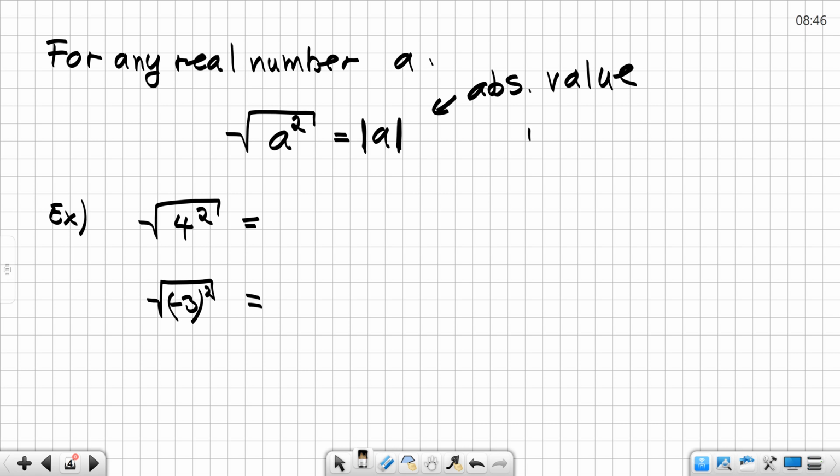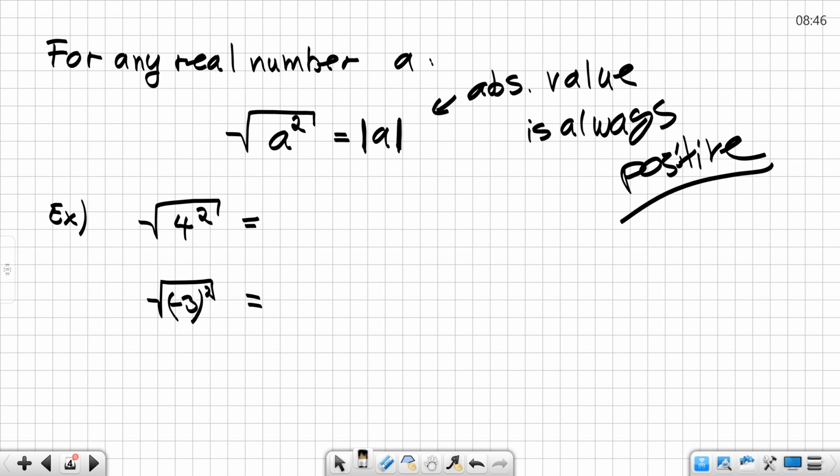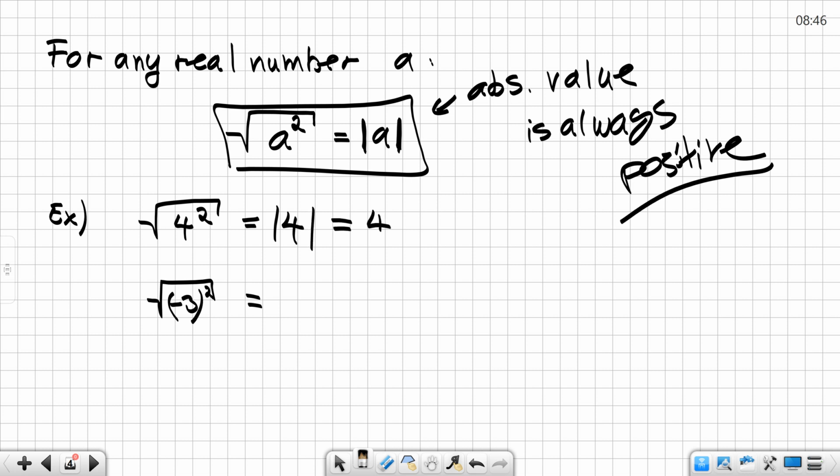And the absolute value is always positive. So the square root of 4 squared, according to this rule right here, is going to be the absolute value of 4. Well, the absolute value of a positive 4 is still 4.